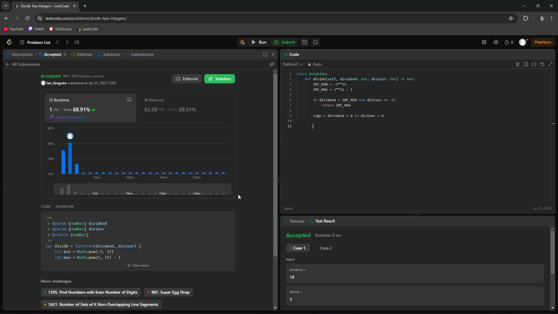If only one of them is less than 0, it should be fine. And then to work with positives, we can just make them the absolute value. Fantastic. And then we'll have our answer.